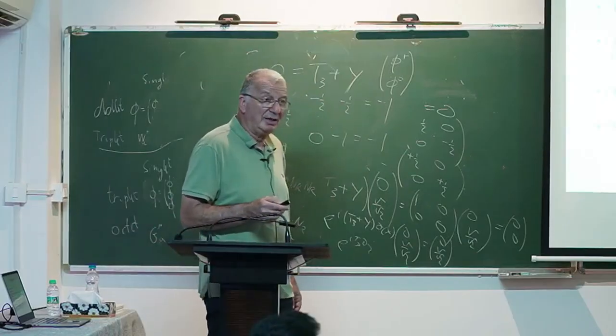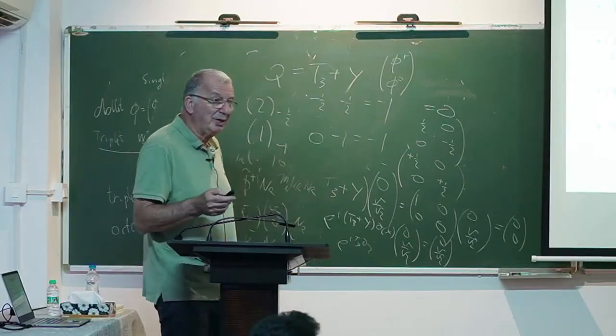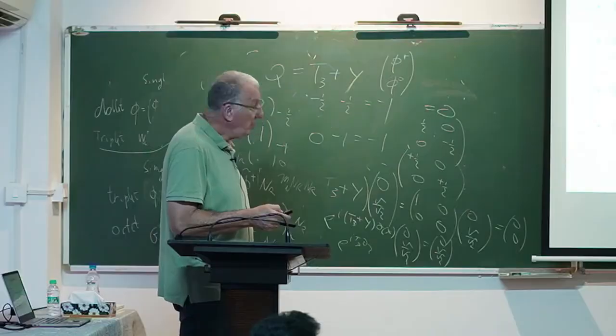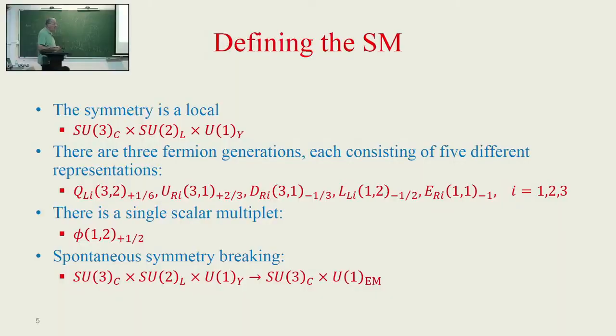It's a left-handed field, the CP conjugate, so right turns to left, and it is a 3 bar. 3 bar is also a representation of dimension 3, but different from 3. It's the complex conjugate under SU(3) color, also a singlet under SU(2) left, with hypercharge minus 2/3.